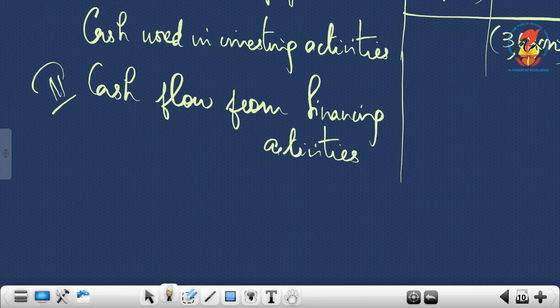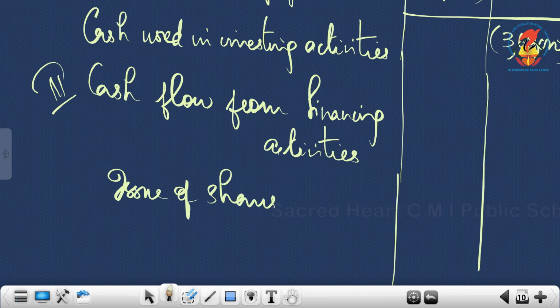So share capital section you refer now, 14 became 15, that means issue of shares for rupees 1 lakh. Usually it will be issue of shares, not redemption. So we are getting the amount, so it is inflow, positive amount.